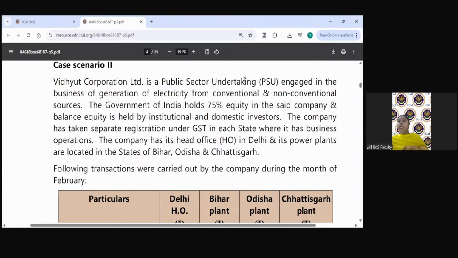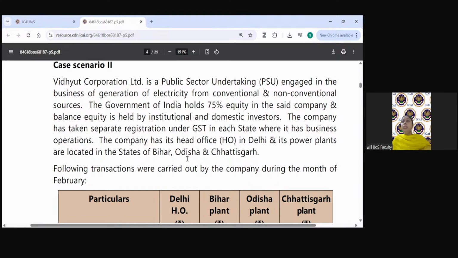Now, when you read the words public sector undertaking, that your supplier, the company for whom we are finding out the tax or doing the GST compliances, is a public sector undertaking, immediately certain provisions will strike in your mind, that there can be application of TDS. In certain reverse charge provisions, we have special provisions for government undertaking. So is it for public sector undertaking also? Those types of things will immediately strike you if you have the overall understanding of the GST law, or when you have gone through all the provisions.